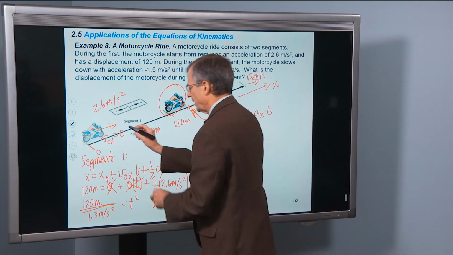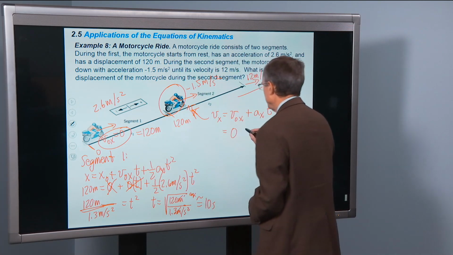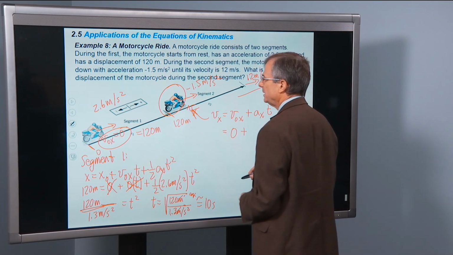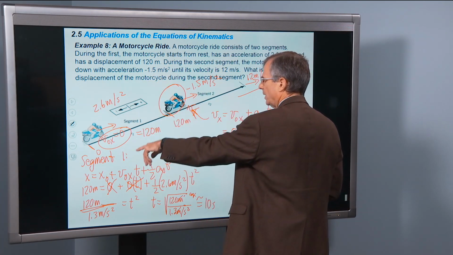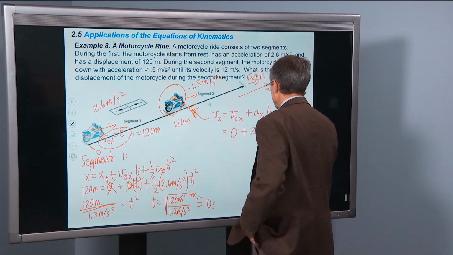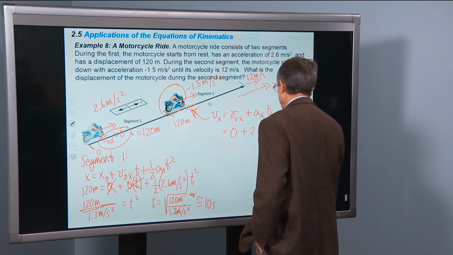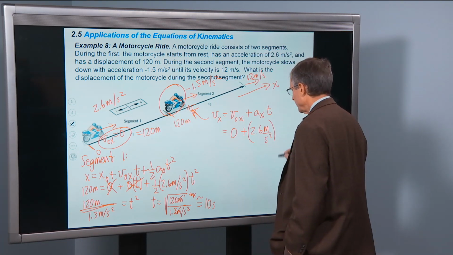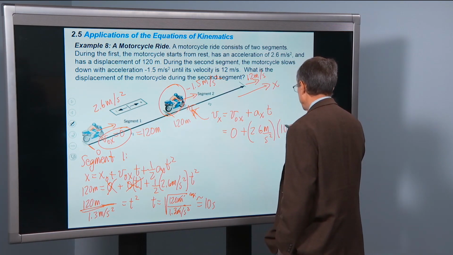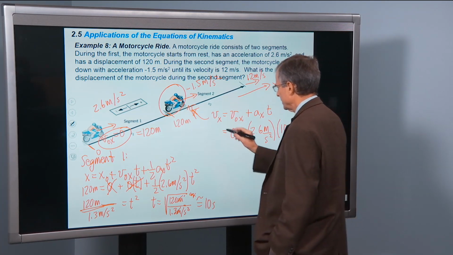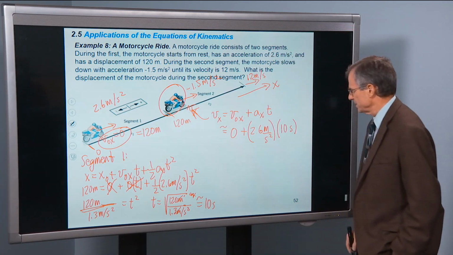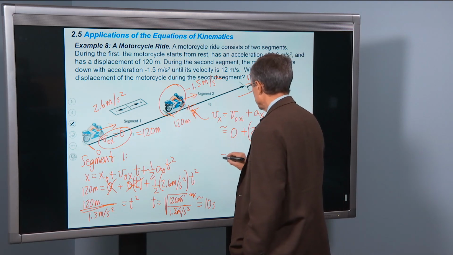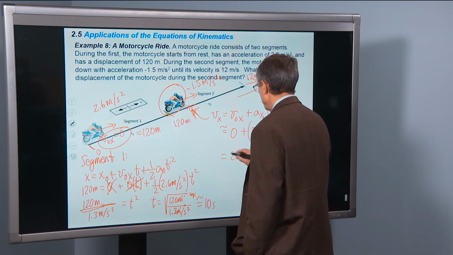That's the initial velocity for segment 1, plus the acceleration during segment 1, which is 2.6 meters per second squared. And now we know the time. It's about 10 seconds, and you can plug in. So this is only approximate. That's going to be something around 26 meters per second.